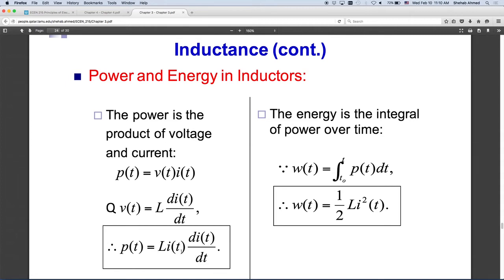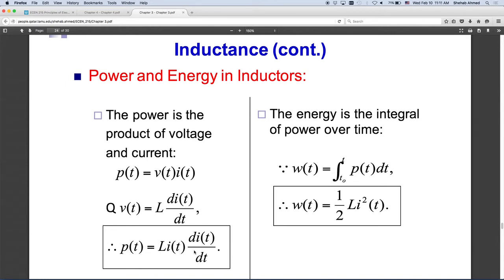If i is changing, then I bring this inside the differentiation. I bring dt to one side, multiplying it by power, and I integrate both sides: p(t) dt, and then L i(t) di(t).